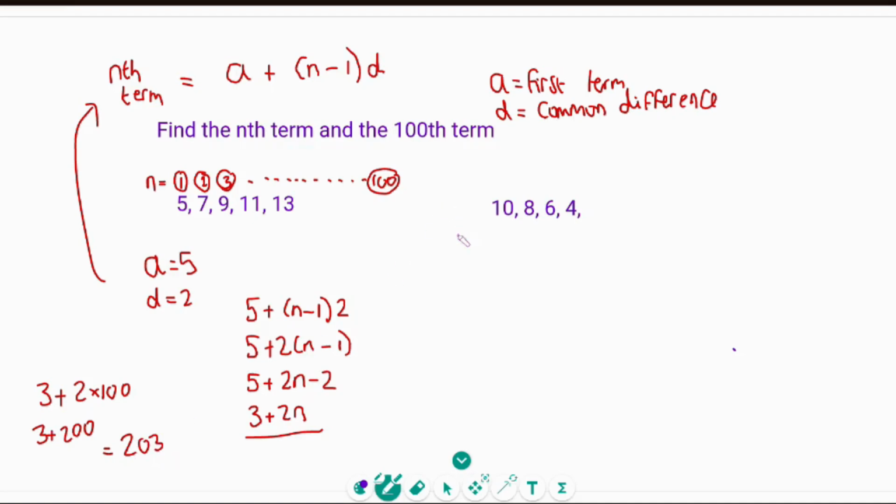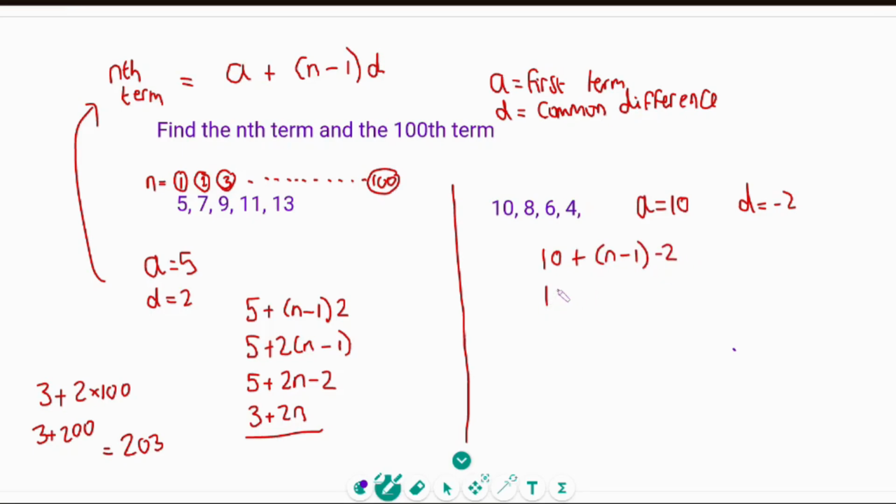Okay, let's do the same thing with this question. A, my first term, is 10. Common difference is minus 2. It's going down in 2s. If it's a decreasing sequence, it's going down in 2s, we need a negative. Then we have A plus n minus 1 d. A plus n minus 1.